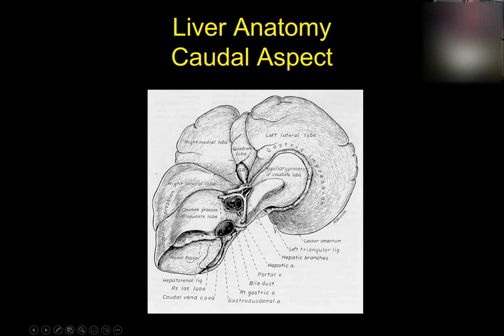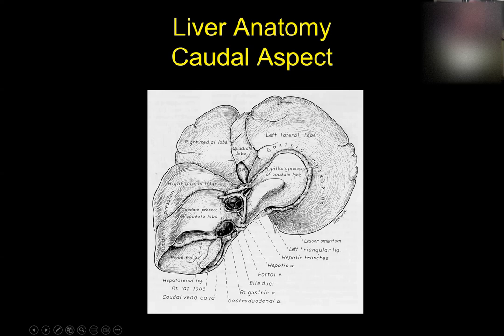So the cranial pole of the right kidney sits in this cavitary region of the caudate lobe of the liver. The only reason I tell you that is when you're ultrasounding, if you see the right kidney sitting here, the hunk of liver that sits right cranial to the right kidney is always going to be the caudate lobe.